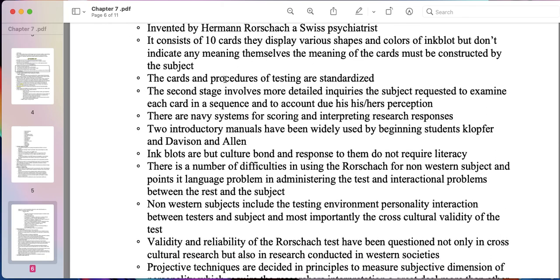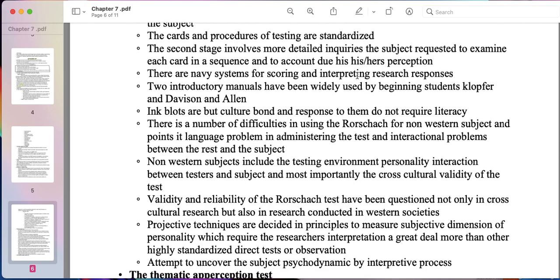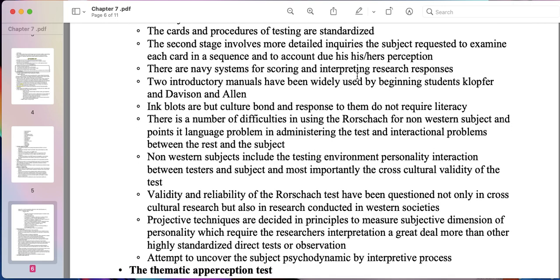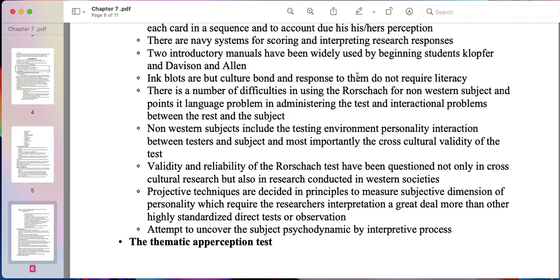The cards and procedures of testing are standardized, and the second stage involves more detailed inquiries. The subject is requested to examine each card in sequence and account for his or her perception. Pretty much, we get to understand their point of view and what they tell us by what they see.